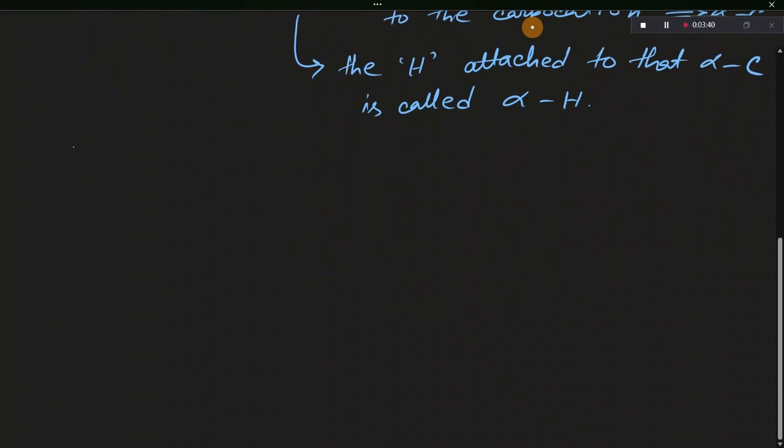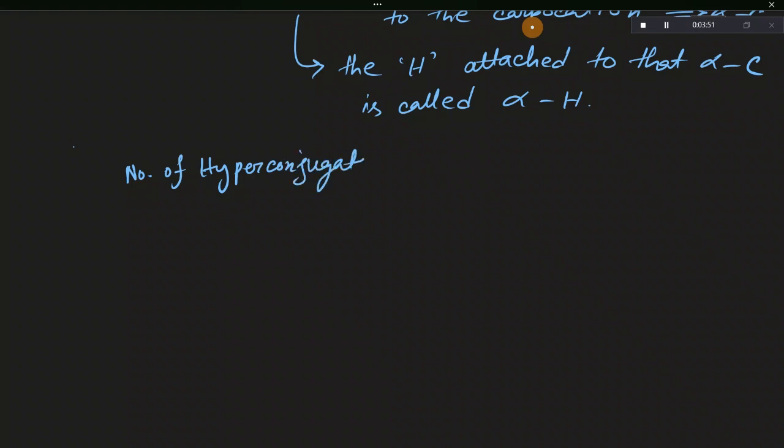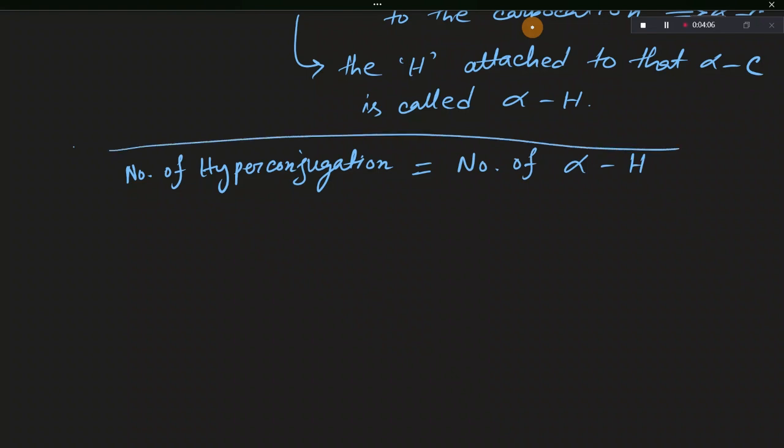So we can say that the number of hyperconjugation structures is equal to the number of alpha hydrogens. This point is to be noted.